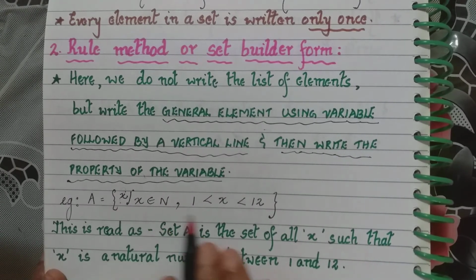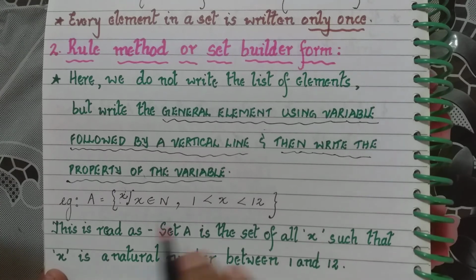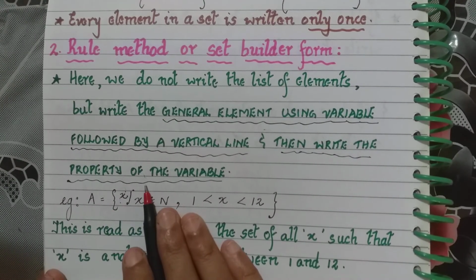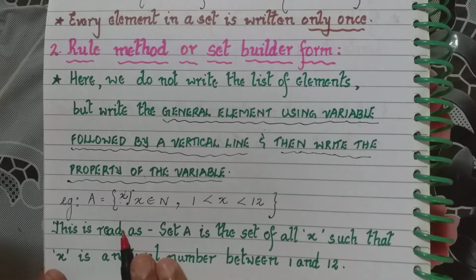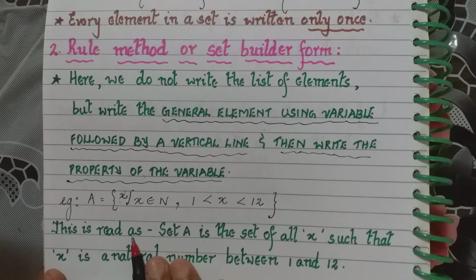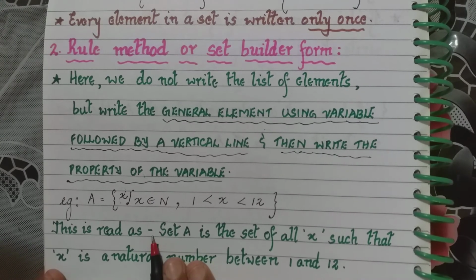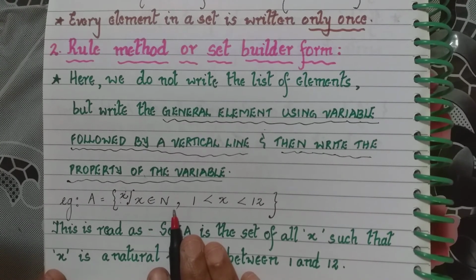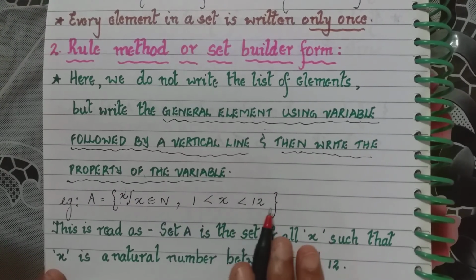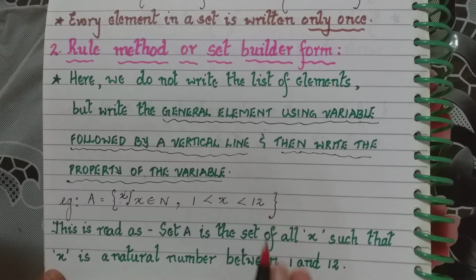So when we read this once more, let me explain. This set A is the set of all x such that, this line represents such that, is the set of all x such that x belongs to the set of natural numbers and x lies between 1 and 12.